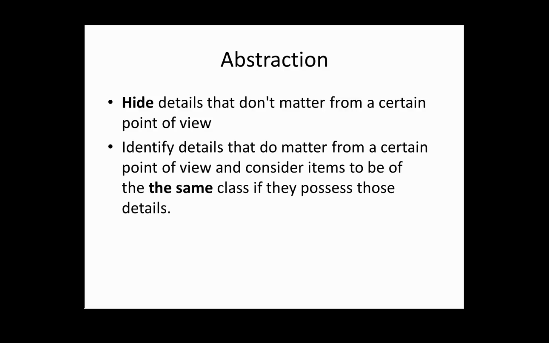So as the features of this, we can say that the reason to use abstraction is that it hides the details that don't matter from a certain point of view, identifies the details that do matter from a certain point of view, and considers items to be of the same class if they possess those details.